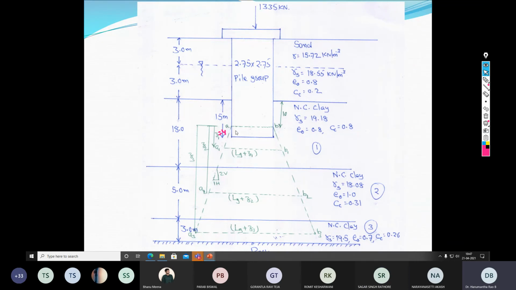How come? So this is 8 plus 2.5. Sorry, 8 plus 2.5.